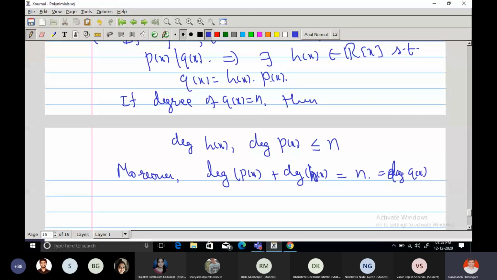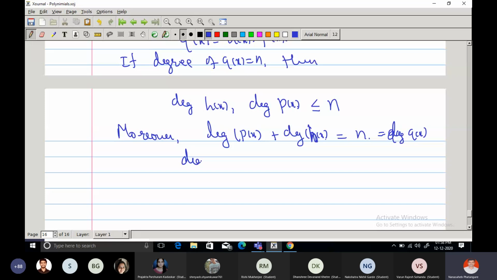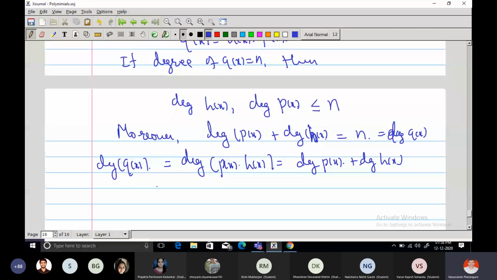But what is h(x) times p(x)? It is q(x). Therefore the degree of q(x) should be the degree of p(x) plus the degree of h(x). So n is the degree of q(x), and n is equal to the degree of p(x) plus the degree of h(x). That is the observation you can have. So the degree of factors is certainly less than or equal to n.